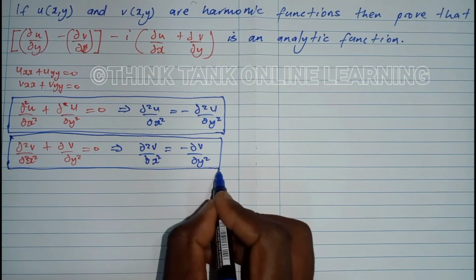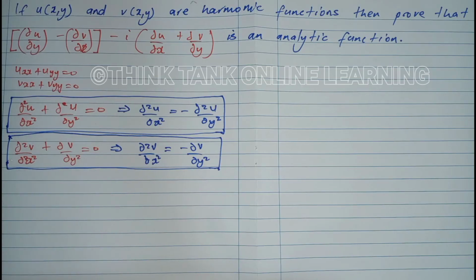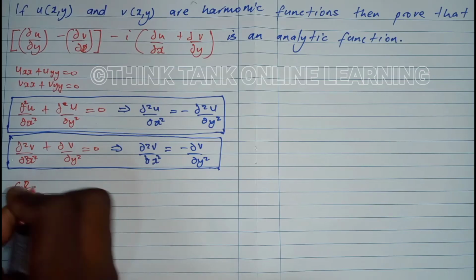Now, if a function is analytic, what are we going to use? To show that a function is analytic, we're going to use the Cauchy-Riemann equations, which I'm going to call CR here.